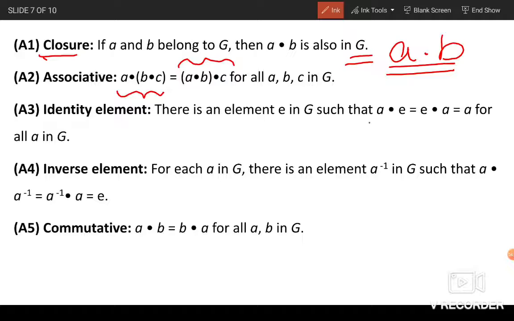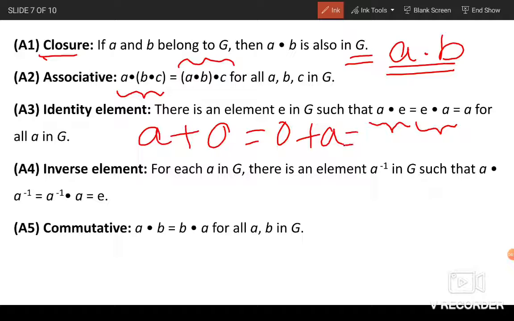Identity element: if A is applied with a binary operation with one element E, and E is applied with a binary operation with A, both operations should yield the same element, which means that E is the identity element. For example, the binary operation can be addition. So A plus 0, 0 plus A gives the result A. So 0 is the additive identity.